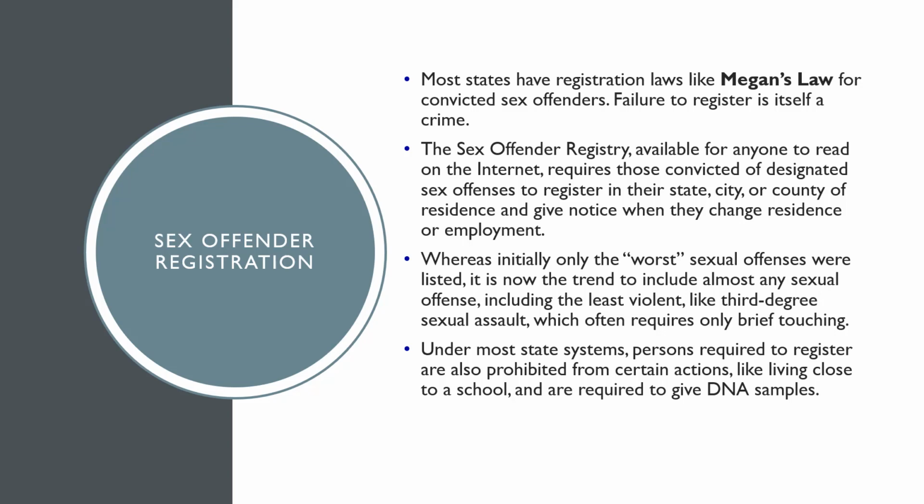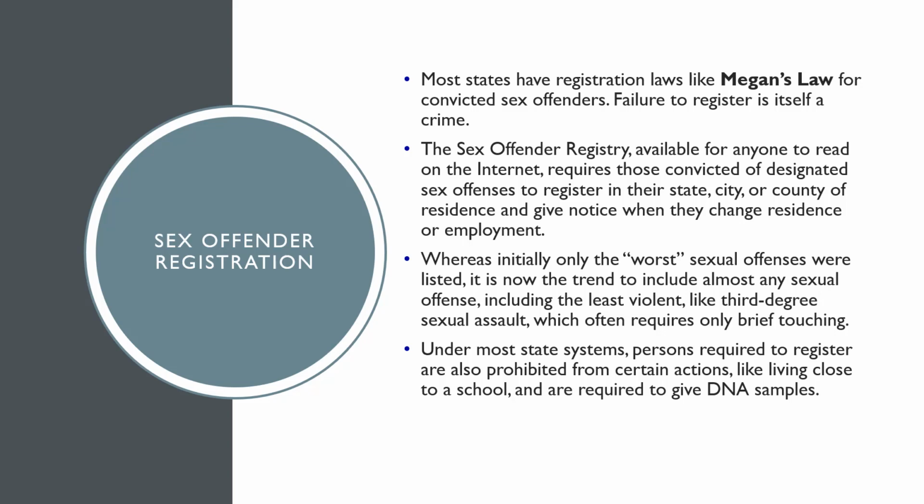The sex offender registry is available for anyone to read on the internet, and it requires that those convicted of whatever the state decides is a designated sexual offense, and that can range all the way from the worst of the worst, the first-degree rape or the first-degree sexual offense, to indecent exposure, all the way down to the less serious crimes. We're going to require those people to register in their city, their county, give the street where they are, and to tell us where they're working and where they're living.